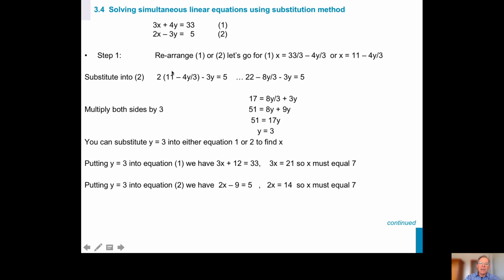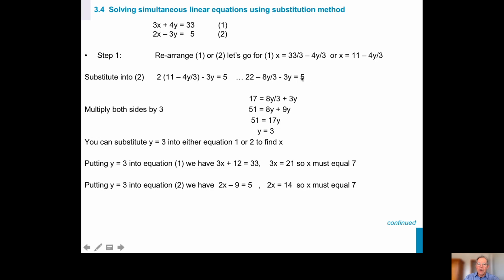We can expand the brackets. So 2 times 11 is 22. 2 lots of 4 is 8. So it's 22 minus 4y times 2 is minus 8y over 3, minus 3y equals 5. Let's gather the like expressions. Let's subtract 5 from this side.